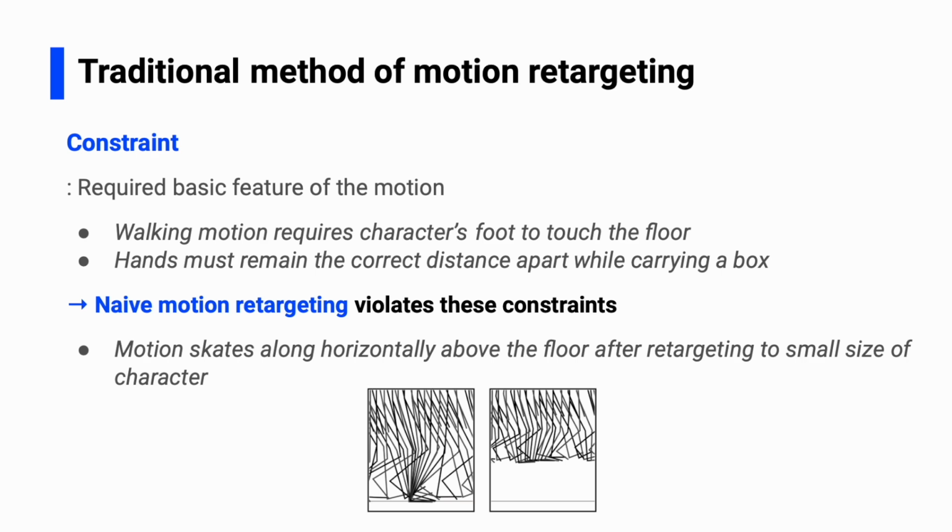When we use naive motion retargeting, which is just a mapping of skeletal structures that I introduced, this simple retargeting violates some constraints. For example, when we retarget a motion of a big person to a small character, the motion can skate horizontally above the floor like flying.